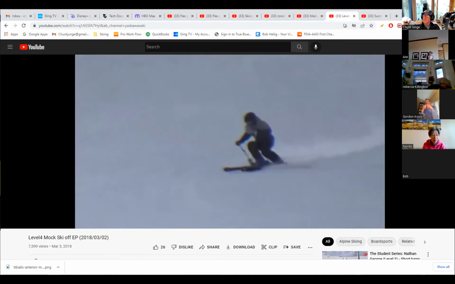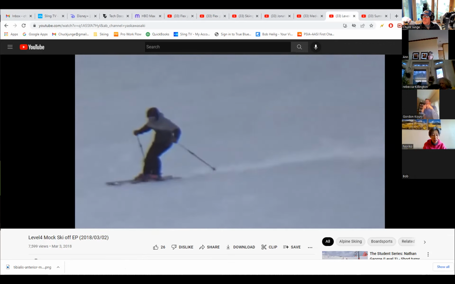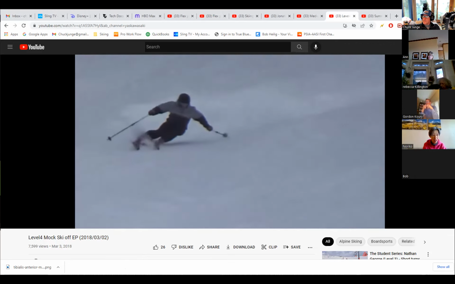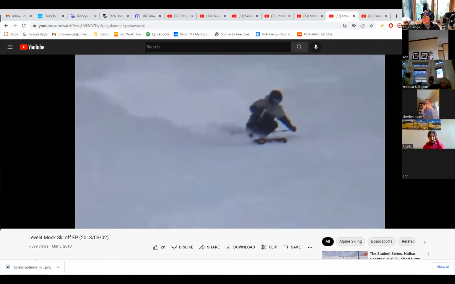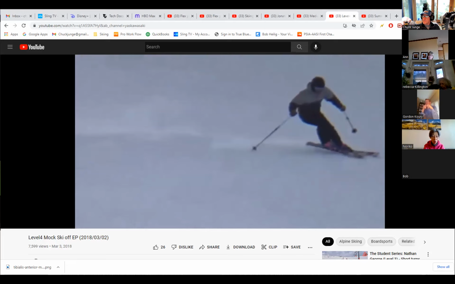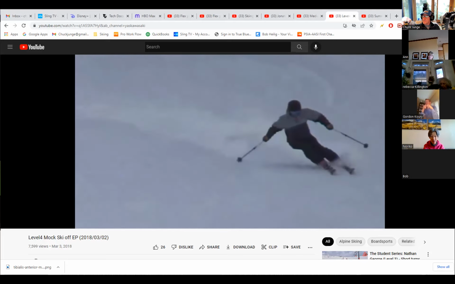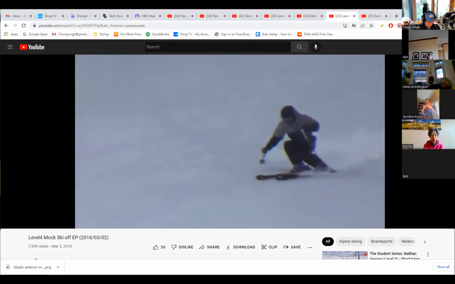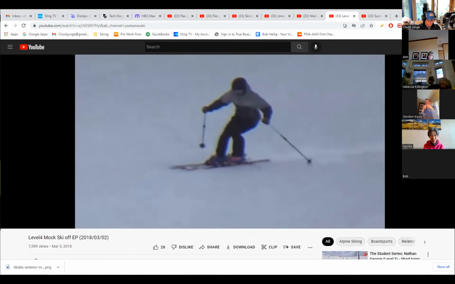And when you're in ski boots, you can't really invert and evert your feet anyway. Although I was just thinking today that our bodies are designed to walk, not to ski.